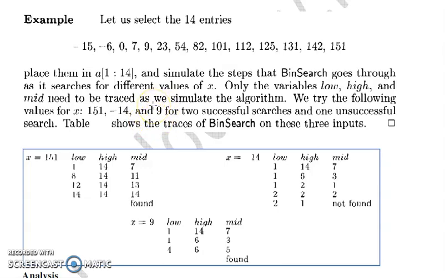We will check whether these elements are present in the list or not. By observing this list, we can easily tell that 151 and 9 are both present, but 14 is not present. So we will get two successful searches and one unsuccessful search.